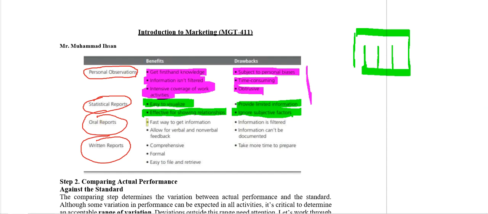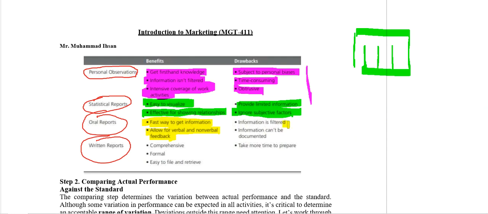Number three, oral report. In oral report, the first benefit is that it is a very fast way to get information. And number two, it allows for verbal and non-verbal feedback. In this regard, we can get verbal and non-verbal feedback from anyone we have assigned to get information.